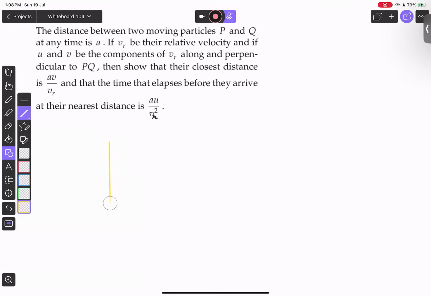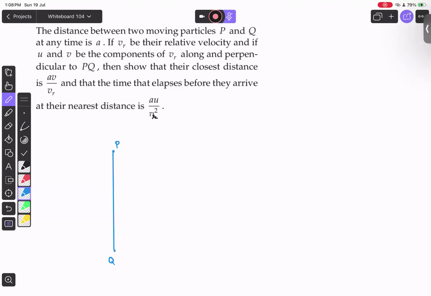So what is the situation given is, this is one particle P, and in this question, they are talking about the relative velocity of one with respect to the other, correct? So they are forcing us to solve this question not from the ground frame, but from the frame of one of them. So we have two particles P and Q at t equals 0.